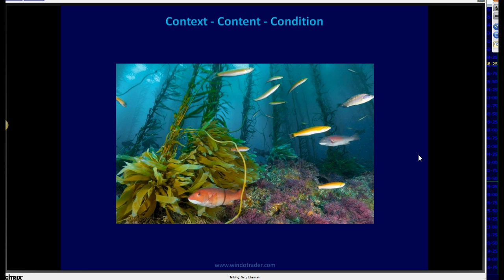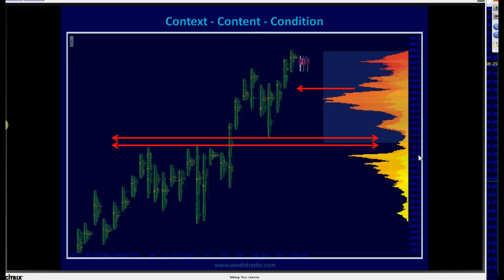Now we're going to go through some charts, and I'm just going to point out some different things. These are just different views and perspectives of what WindoTrader Blue is capable of doing. Let's just start with the first one. The first one represents a number of profiles coupled with volume at price for the entire session.